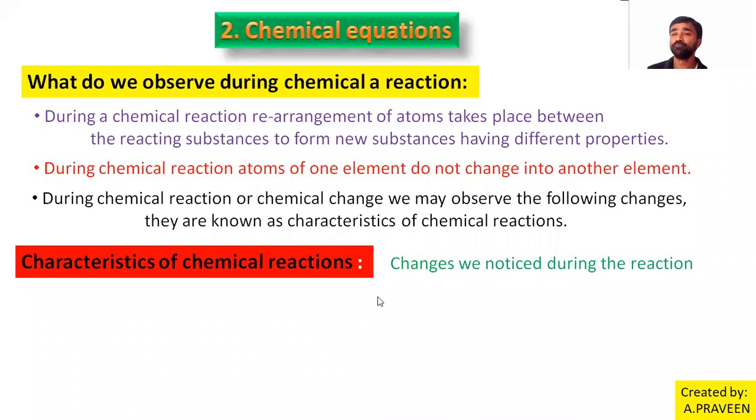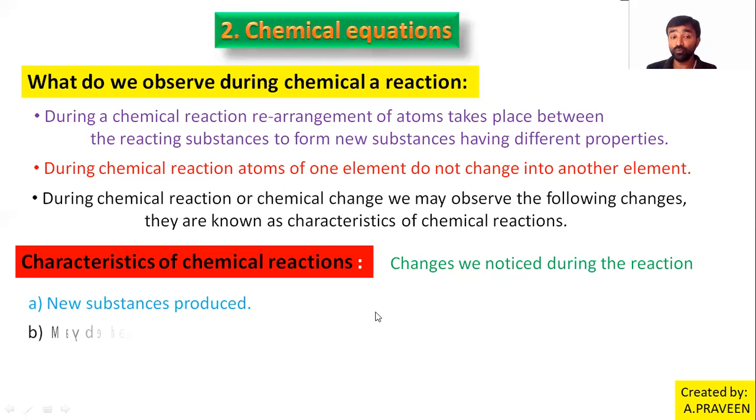What are they? New substances produced. For example, in the reaction of zinc and hydrochloric acid, you got a gas. It is a new product, right? So at least you will get one new substance, or sometimes more than one substance is also possible.